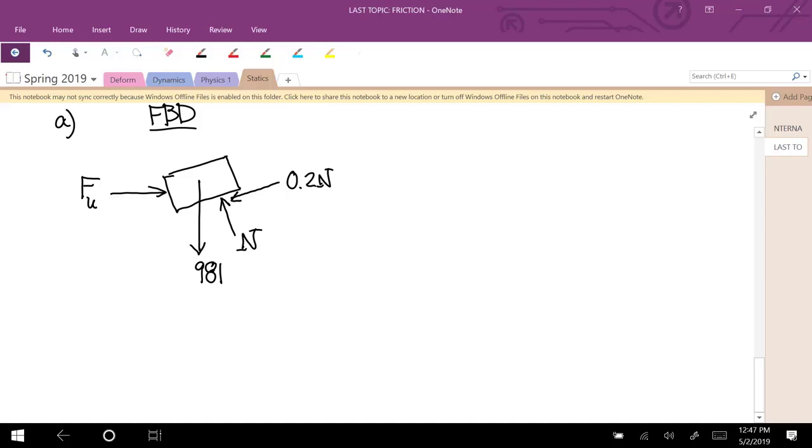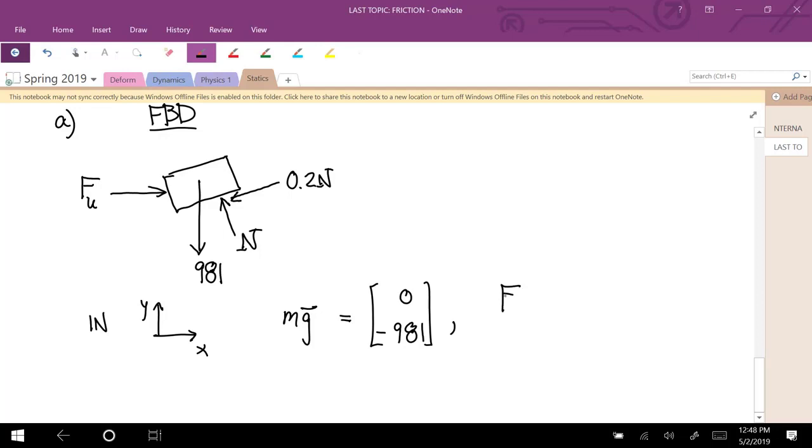So if you think of our usual coordinate system, before you rotate it, the weight force, mg, is 0, negative 981. And that force vector, force up, is equal to the scalar Fu for the x component and 0 for the y component.